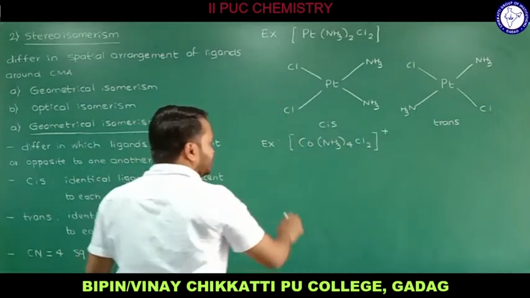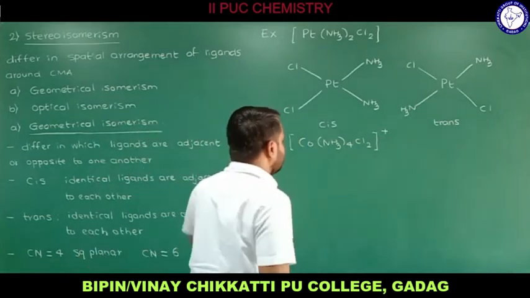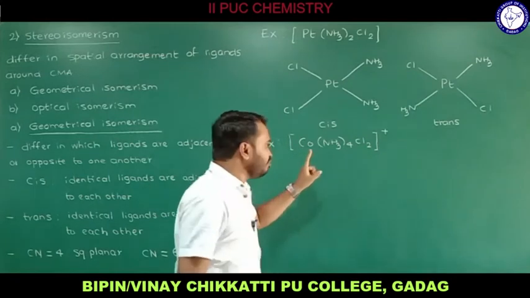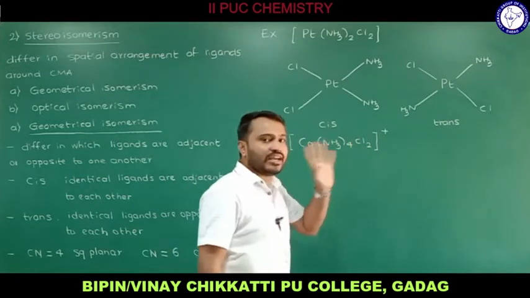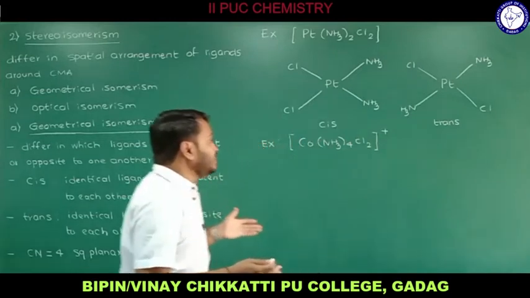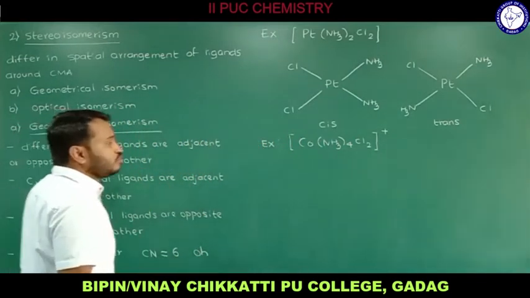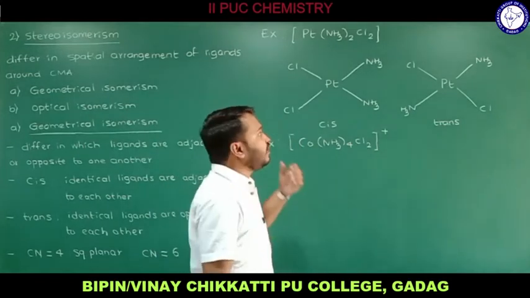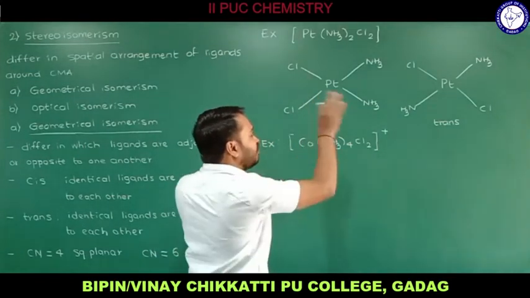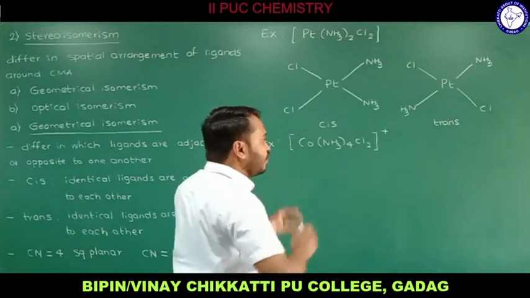Now we are supposed to draw the isomers of this. Cobalt is the central metal atom, NH3 is one kind of ligand and Cl is one kind of ligand. Just observe here, as I said, geometrical isomerism is shown by heteroleptic complexes with more than one ligand. So NH3 and Cl, 2 different ligands we have.